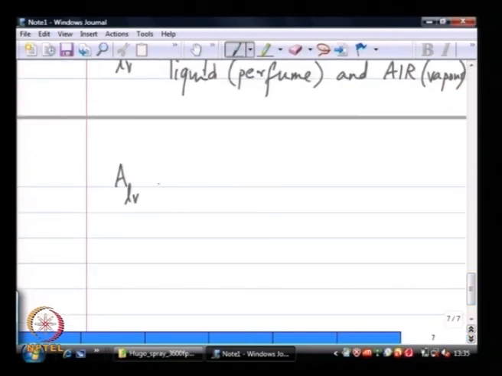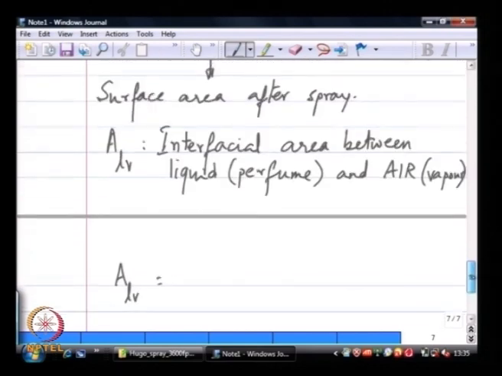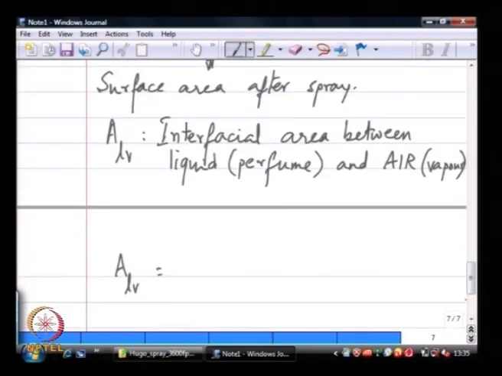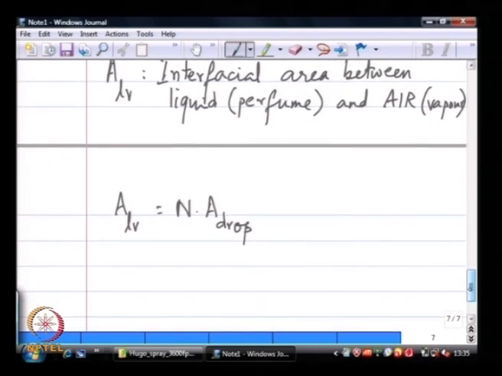Okay, so, if I try to estimate this A_LV, it is n times the surface area of a given drop. Okay. So, again I am only interested in order of magnitude. So, n is on the order of 10^6, the area of the drop is 10^-4 the squared, okay, and the units on this is meter squared.